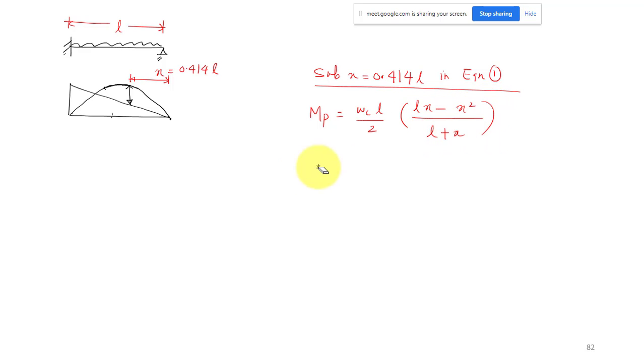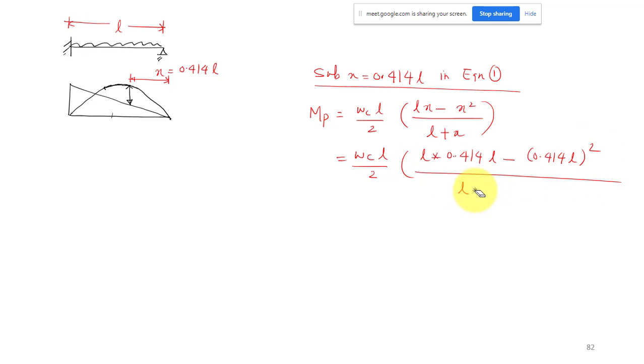So which is equal to, we have to substitute WC L by 2 into L times 0.414 L minus (0.414 L) square, divided by L plus 0.414 L. So this one you have to simplify. I think you can do that. What will be this value? Let me solve it.